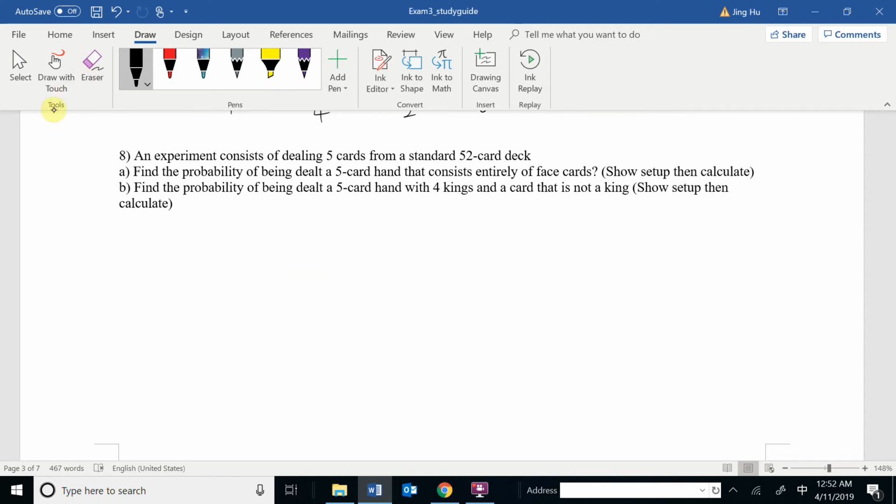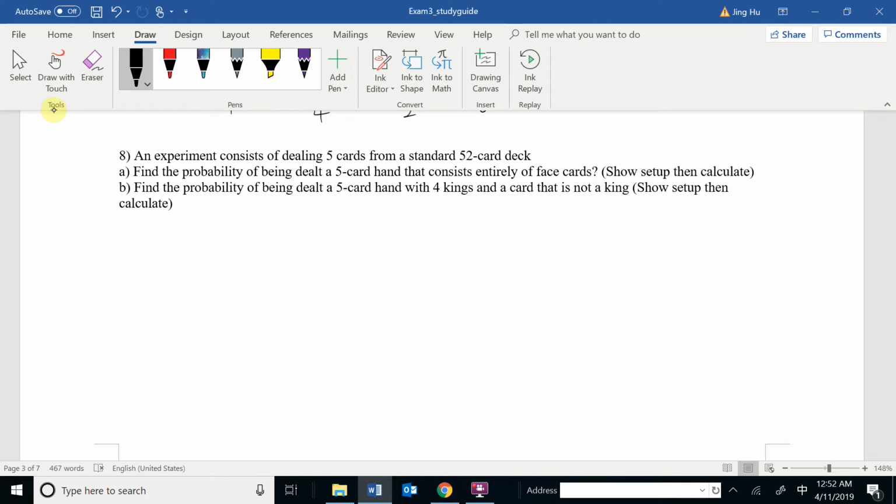So you are dealing 5 cards from 52 cards. For the first one, all face cards. So we know 52 cards totally have 3 times 4, 12 face cards.